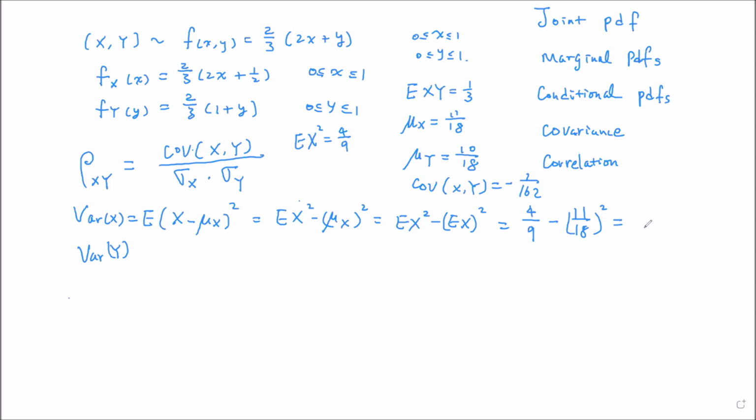Okay, so I have 4/9 minus (11/18) squared, which is 121/324.